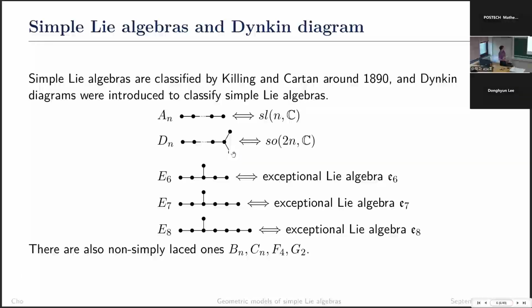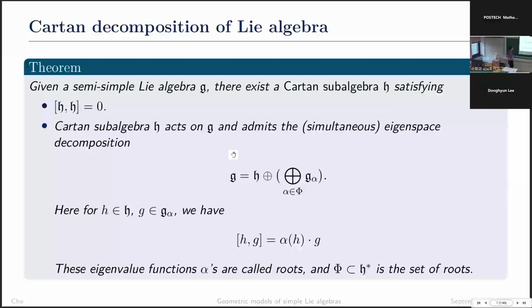So we need to know a little bit of the structure of these Lie algebras. One of the most basic theorems of Lie algebra is the Cartan decomposition. Given a semisimple Lie algebra, we have a Cartan subalgebra H and a direct sum of eigenspaces g_alpha. This H is a subalgebra whose bracket is 0.